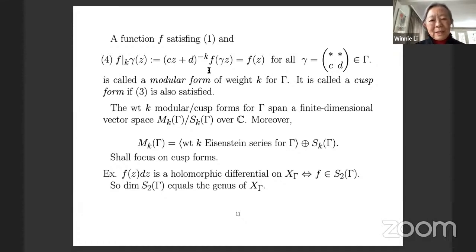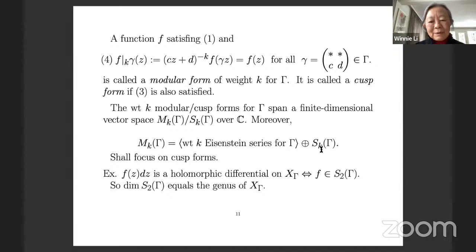And if this form also vanishes at a cusp, then we say that it's a cusp form. And the collection of the modular forms of weight k for gamma forms a finite dimensional vector space over C. We call that space M_k(Γ), and certainly the cusp forms inside it form the subspace S_k(Γ).